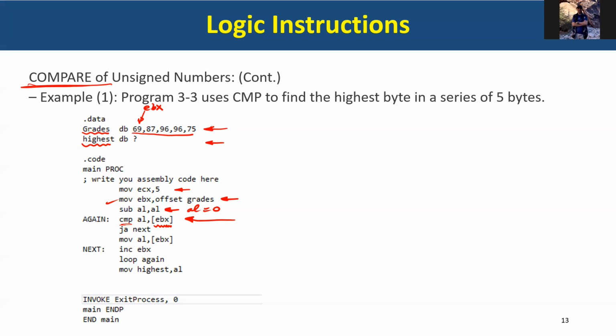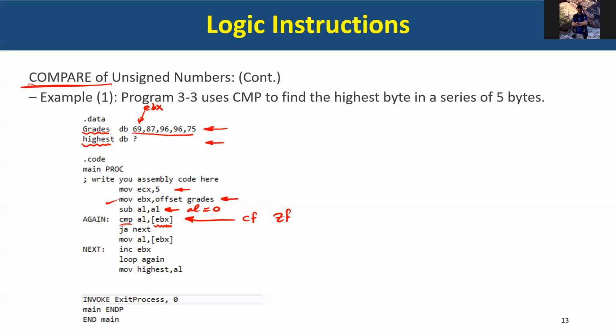When you compare two numbers, you are basically subtracting them from each other. That will change the carry flag and also the zero flag. What you want is that if AL is less than what's in the location pointed to by EBX, and this is the case right now because 0 is less than 69, you want to store the 69 in AL.